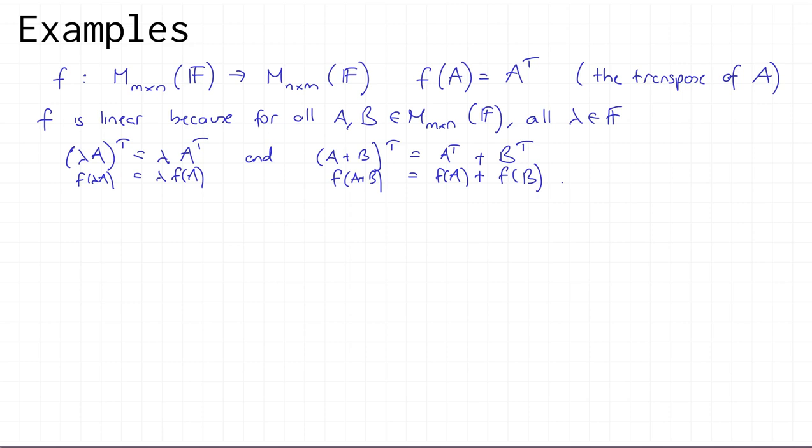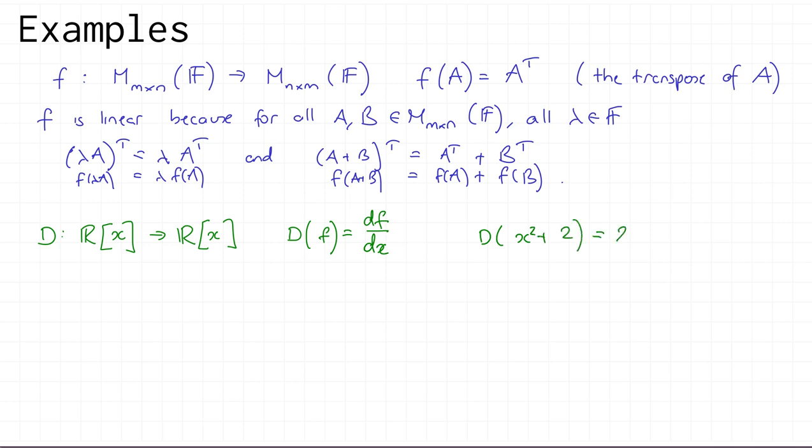So for us, let's take a map D from the space of all polynomials in one variable x to the same vector space, given by D of a polynomial f will be the derivative, so df by dx. So for example, D of x squared plus 2 would be the polynomial 2x. And now this is a linear map.